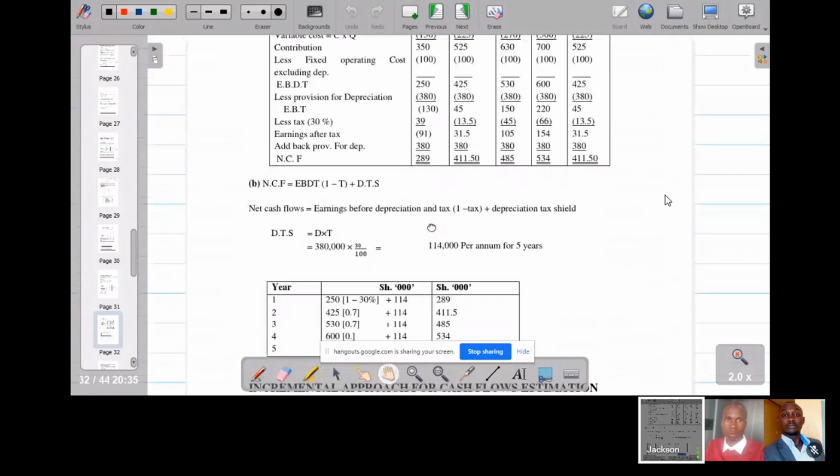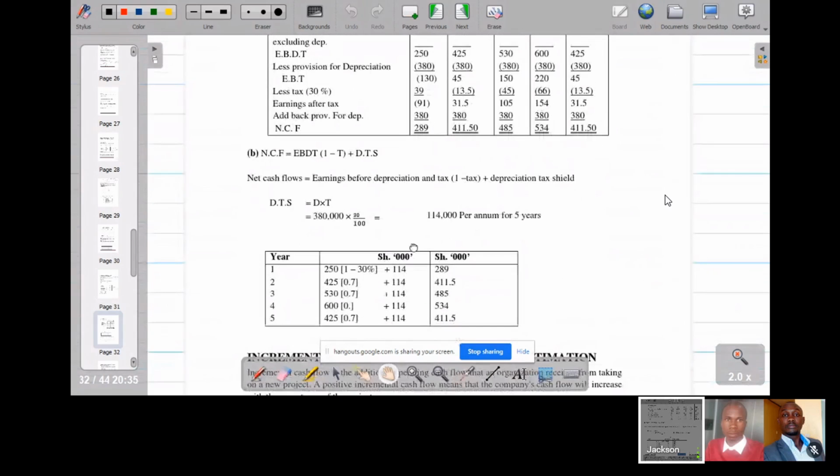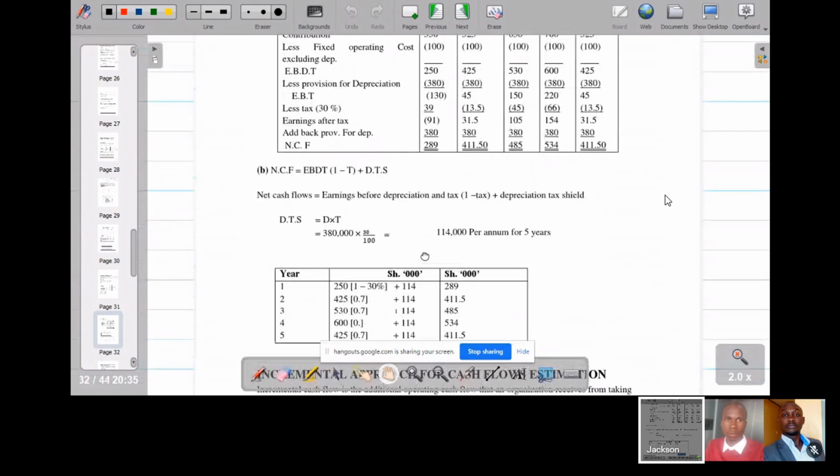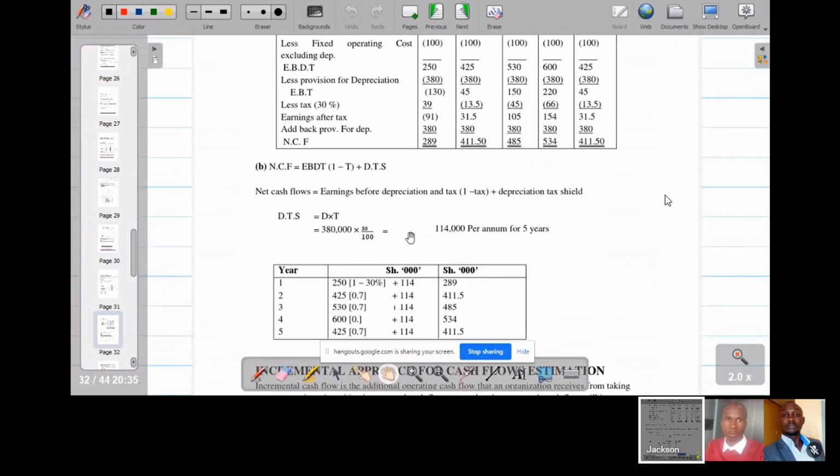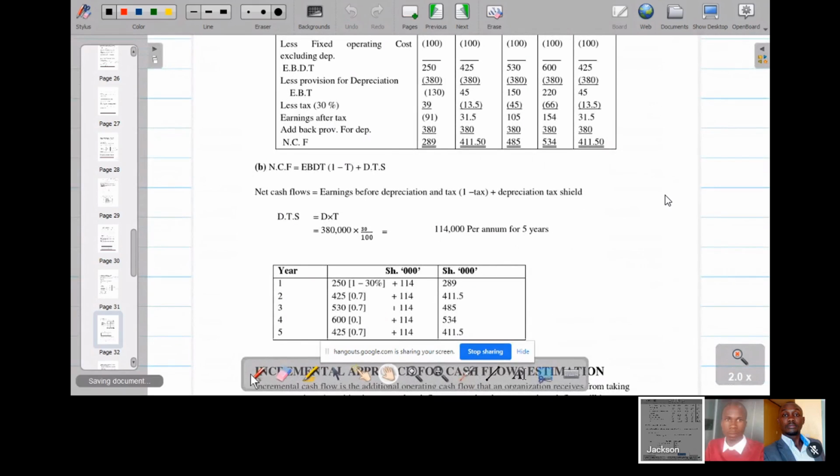Then this format here is just showing you how you can deal with the savings. You see here we have earning before depreciation and tax: 250, 425, 530, 600, and 425.